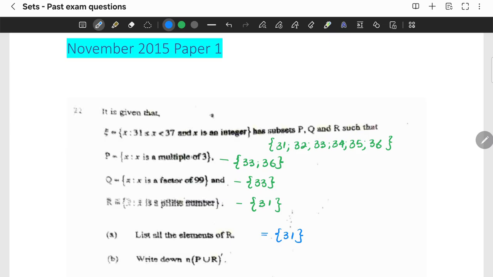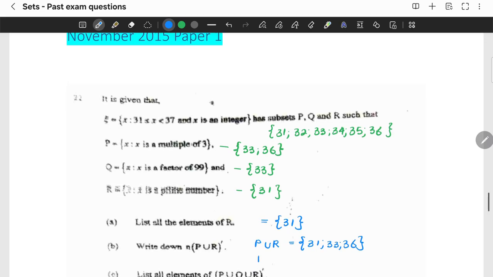Write down the number of P union R complement. So let's just start by finding P union R. So P union R is going to have 31, 33, and 36.